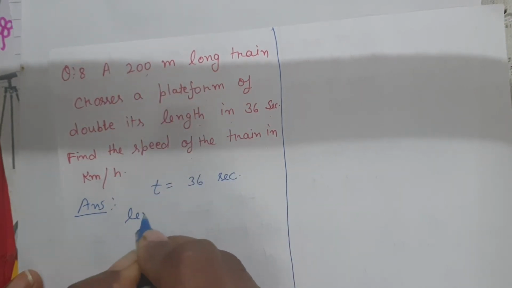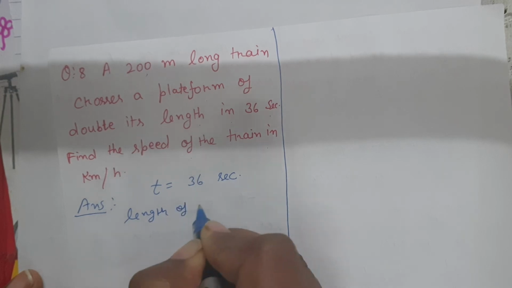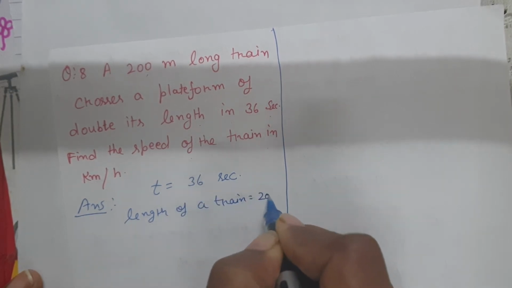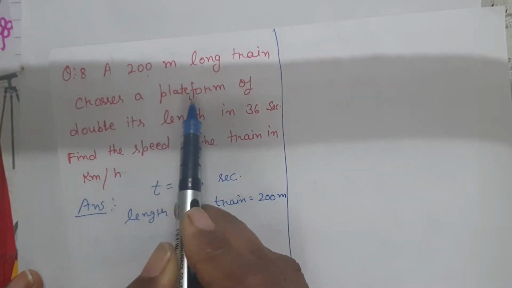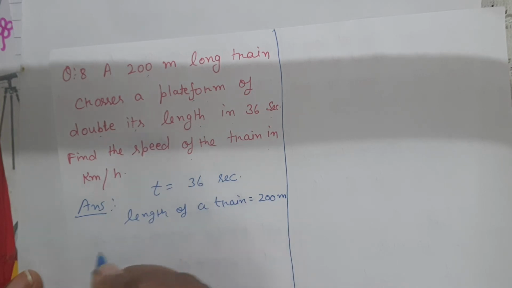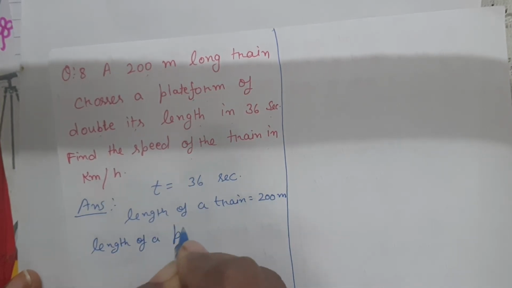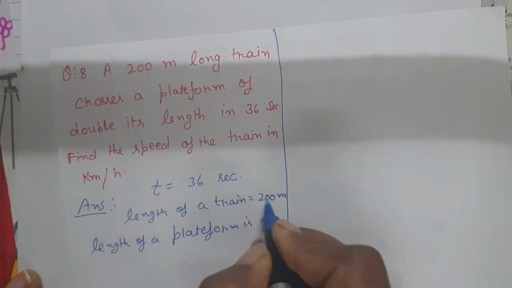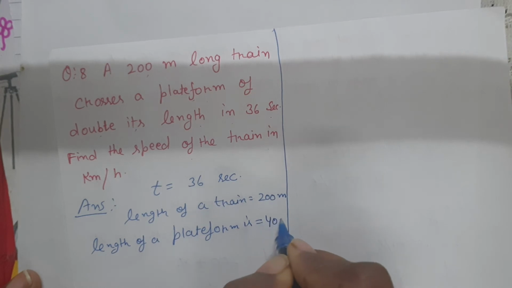So the length of the train equals 200 meters, and the length of the platform is double its length, so the length of the platform is 400 meters.